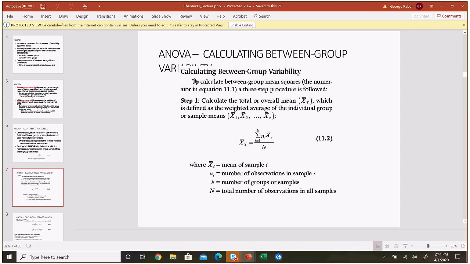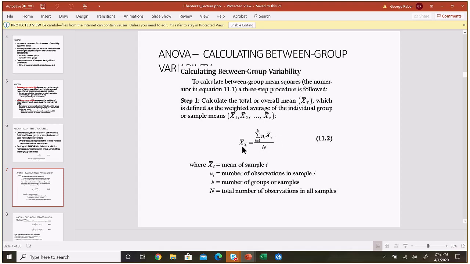Okay. So the first thing that we need to do is this is a formula we've used before. This is the weighted mean, right? What we're doing is multiplying every group mean value by the number of values in that group. We're adding them all up and we're dividing by the total number of values.